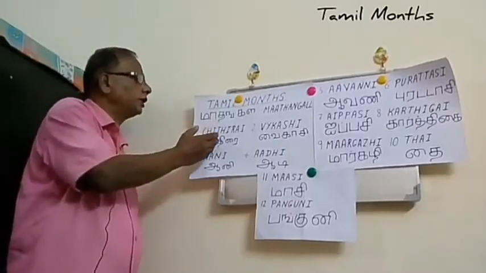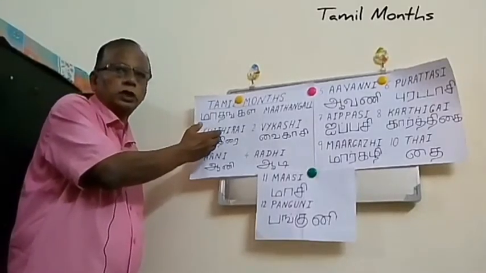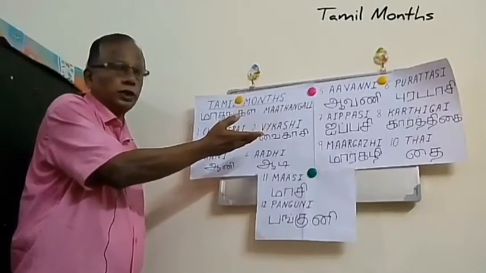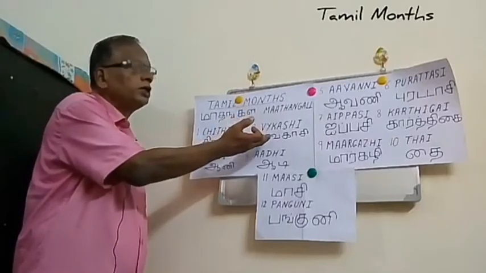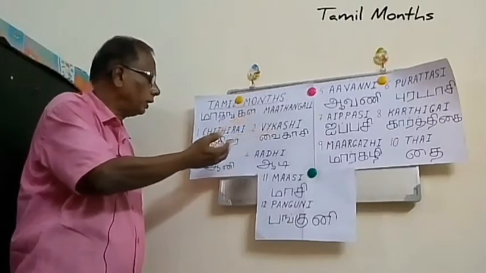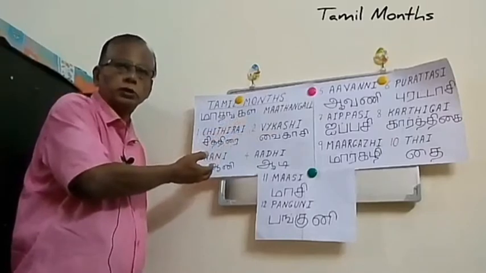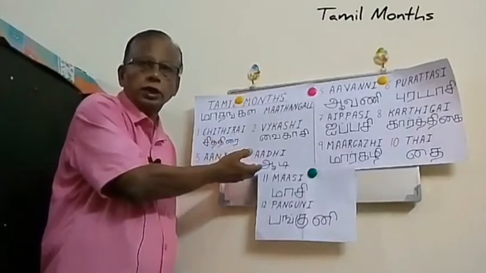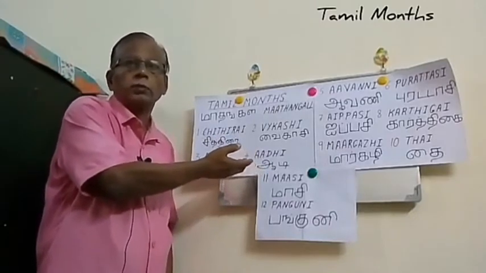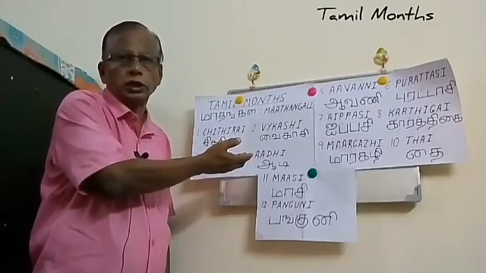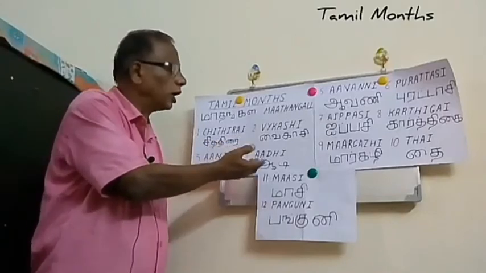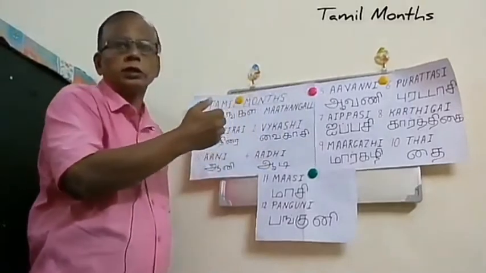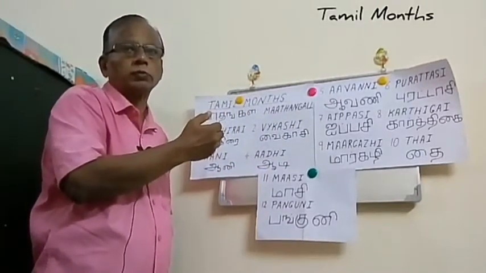Let us see, Chittirai in Tamil is called Chaitra in other states, and Vaikashi is Vaishak. Ani is Jeshta month. Then comes Adi, called Ashad. You remember the Pandharpur Yatra, done on Ashad Ekadashi. Then Avani is Shravan month.